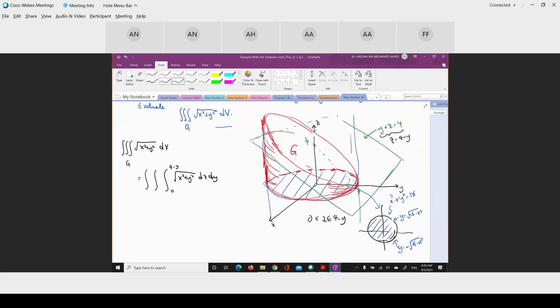The inner integral is with respect to y. And lastly, we integrate with respect to x, so x is between minus 4 and 4. This is how it looks in Cartesian coordinates.